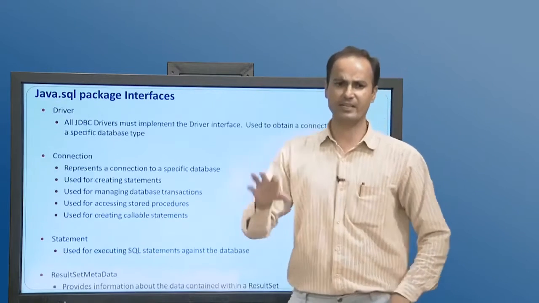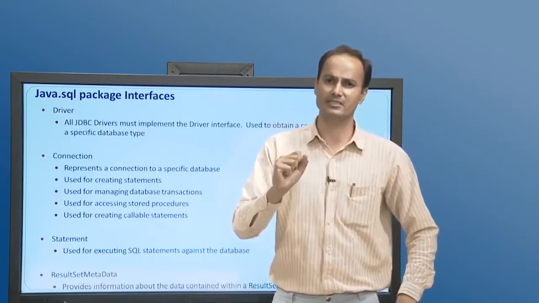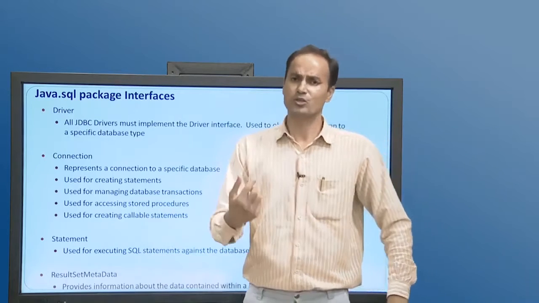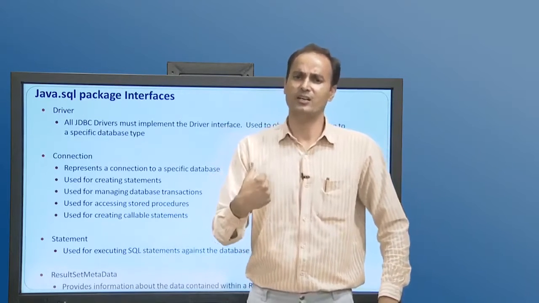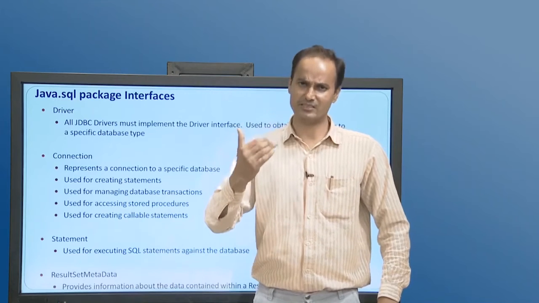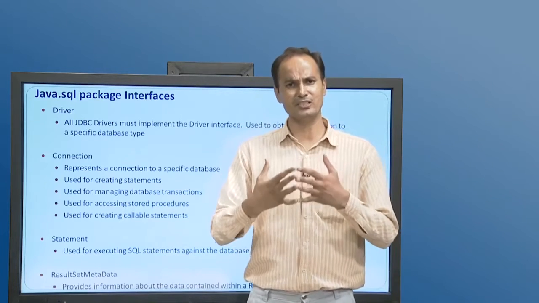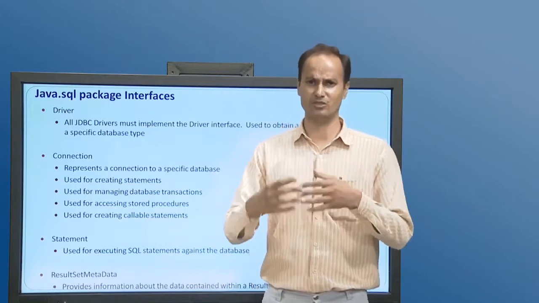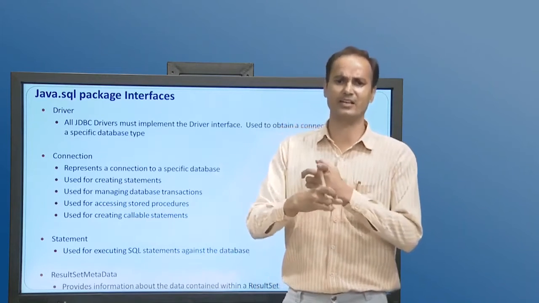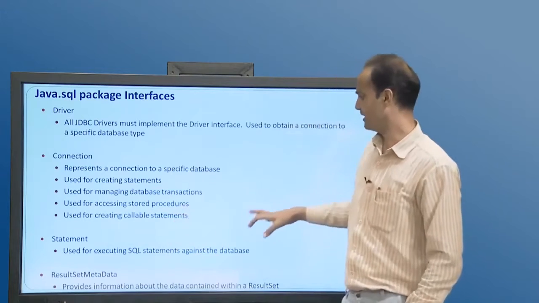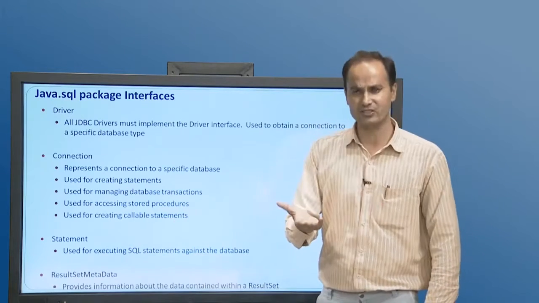Then there is the Connection interface. What does the Connection interface do? The Connection interface helps us to get the connection established. Once the connection is established, we can create a statement, and using the statements we can get the result set. The Statement interface is used for executing the SQL statement against the database.